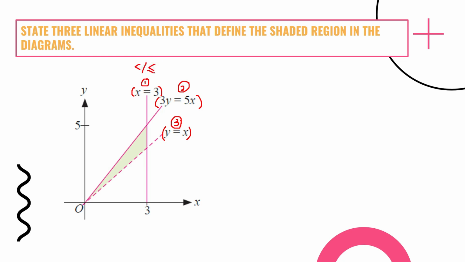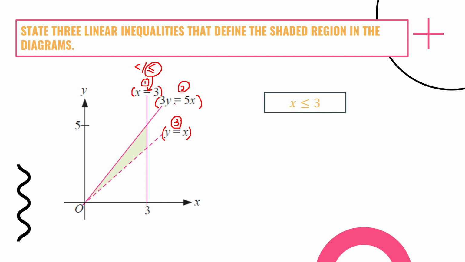We choose which sign to use by determining the type of line. The line is a solid line, so we will use lower than or equal to replace this equal sign. So the first linear inequality is x lower than or equal to 3.